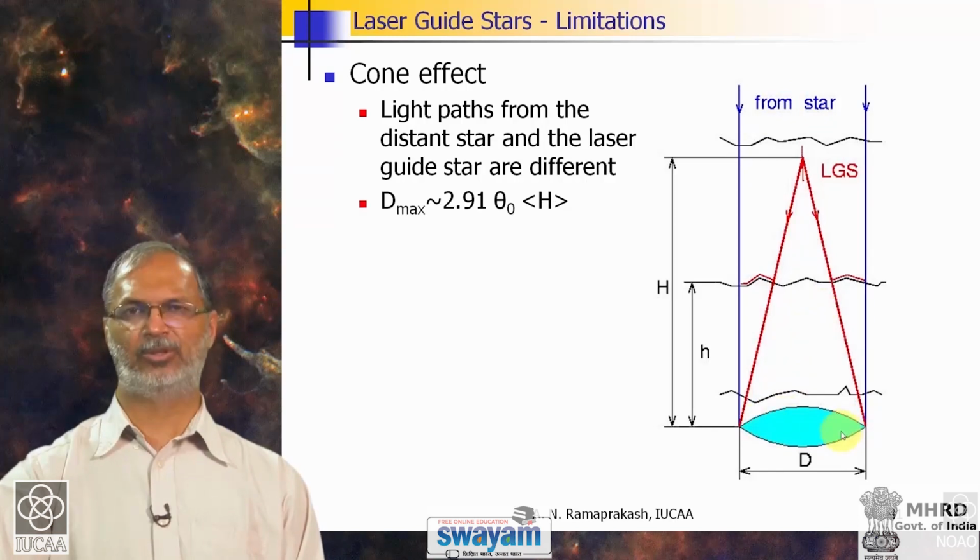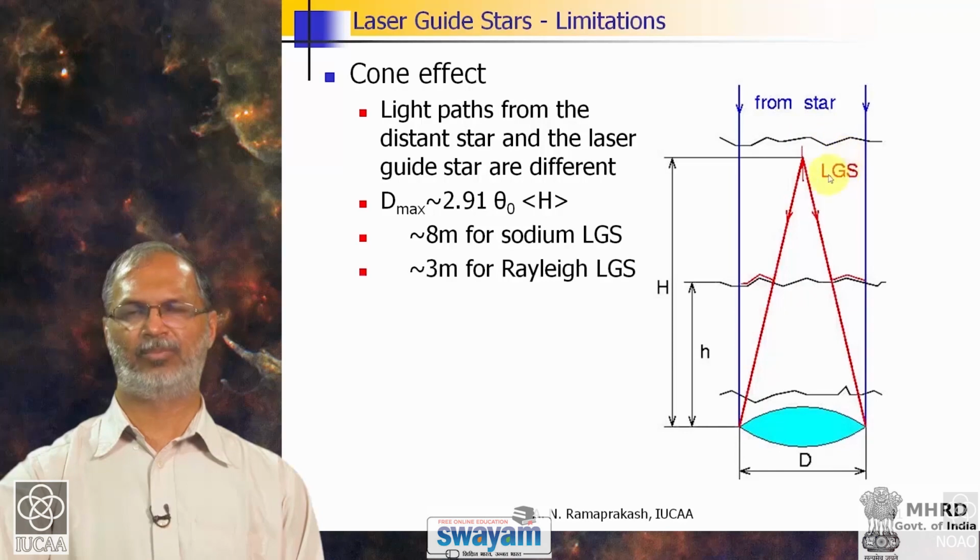But for small telescopes, this cone effect is negligible, because this height is large enough, the diameter is small enough, this angle is small enough. So, this cone is almost acceptable. But for example, for an 8 meter class telescope, a sodium laser guide star focused at a height of about 90 kilometers is pretty good.